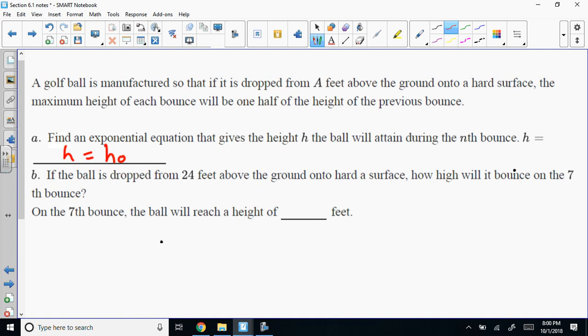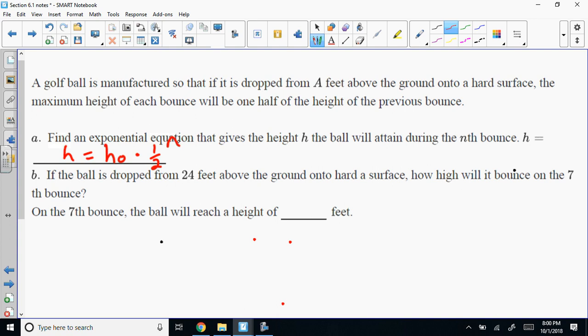That's the initial value of height, right? Times 1/2 raised to the n. The H sub 0 is nothing more than A, how high it is in the beginning.